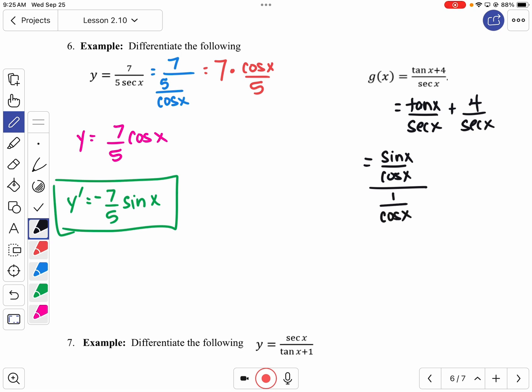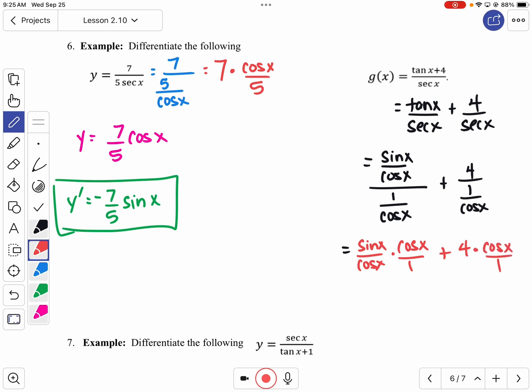I'm just rewriting them. And then 4 over 1 over cosine. If we simplify that, that's going to give me sine over cosine times cosine over 1, plus 4 times cosine over 1.